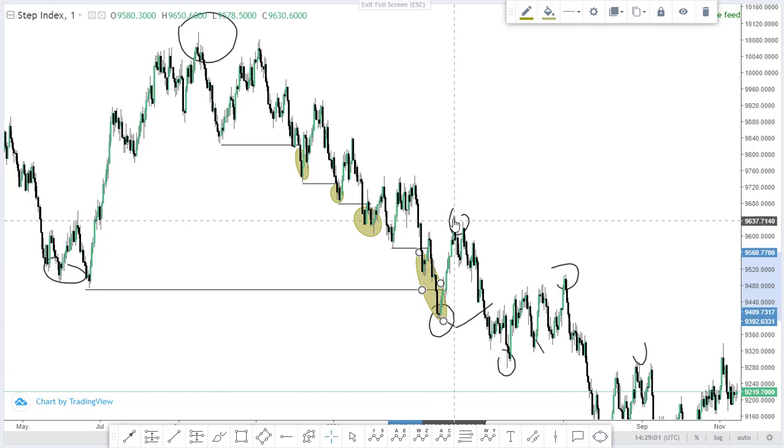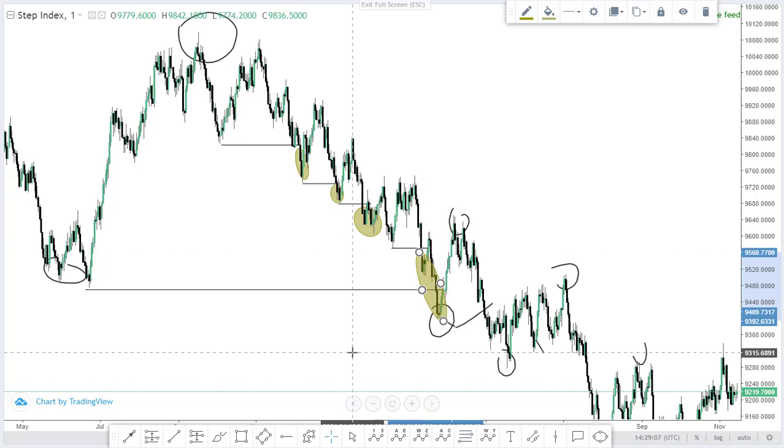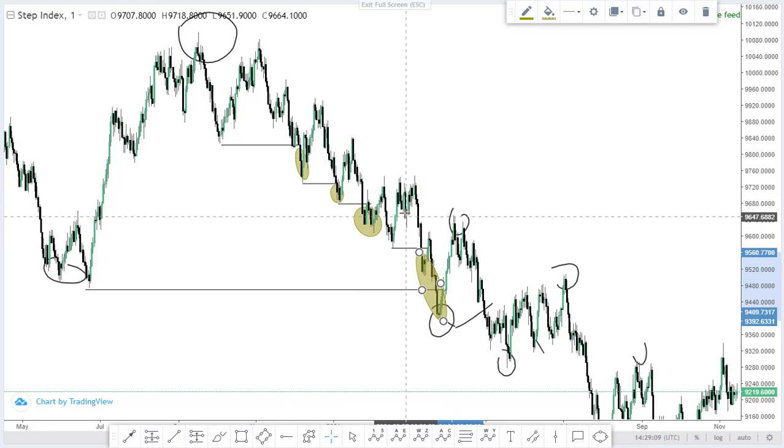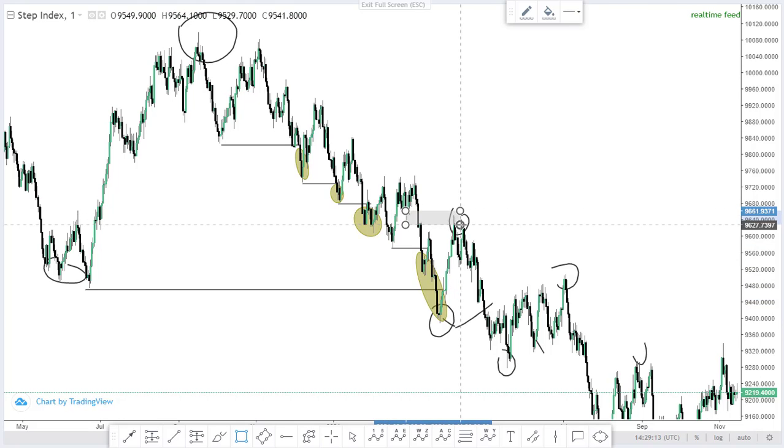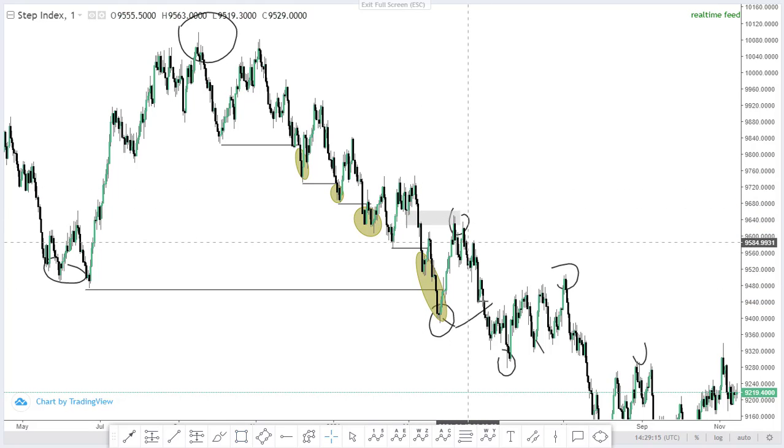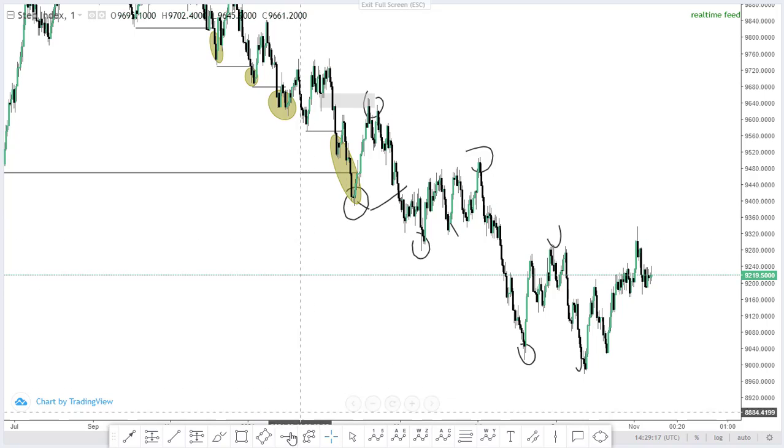Then a deep pullback is coming and straight back into our range. Then we start selling all the way down, maybe selling from a kind of reclaimed block sitting on this level, and then we start pushing all the way down.